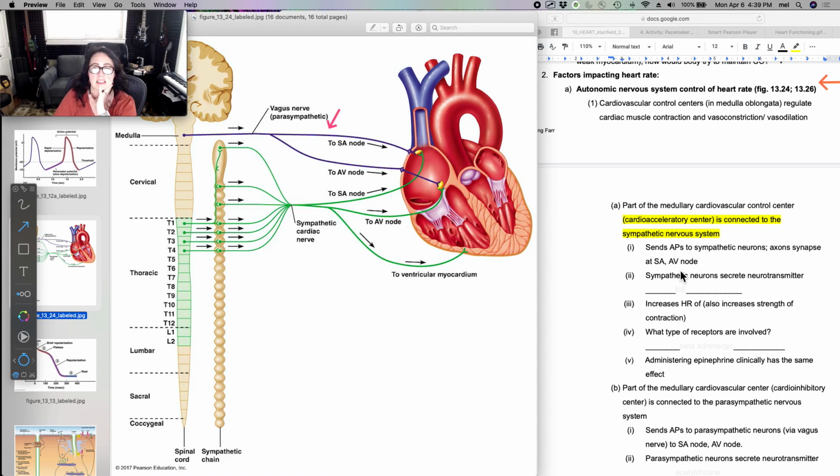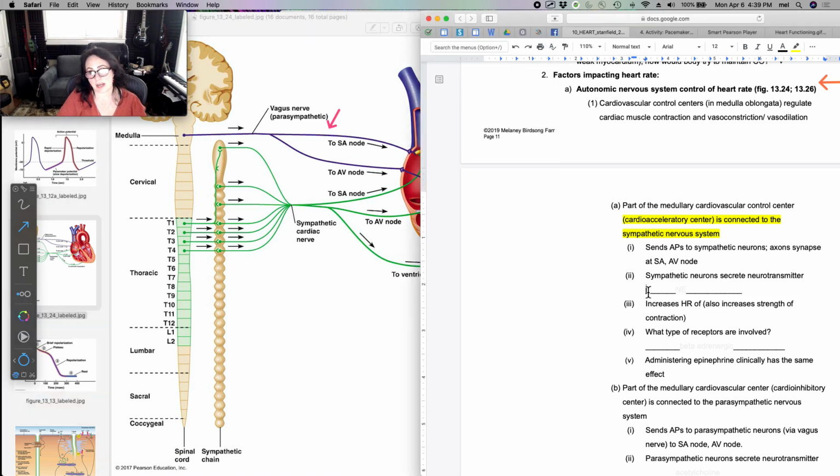What it does is it sends action potentials from the medulla oblongata down to sympathetic neurons, and then they go out and synapse at the SA and the AV node. But what's special about the sympathetic nervous system and its hookup is that not only does it synapse to the SA node and the AV node, it also increases the strength of contraction because it hooks up to the wall of the heart.